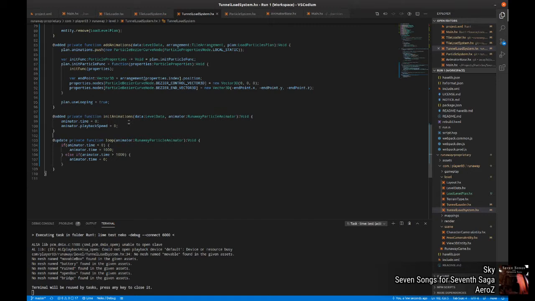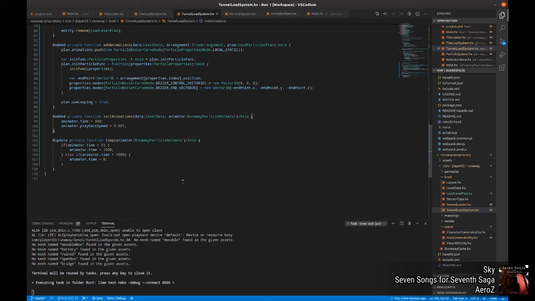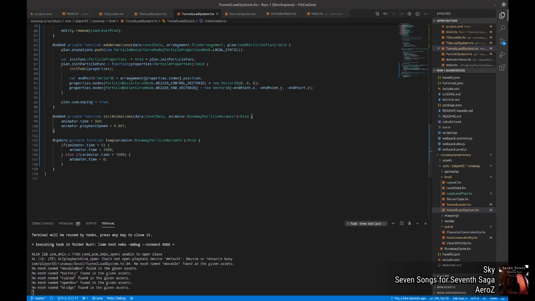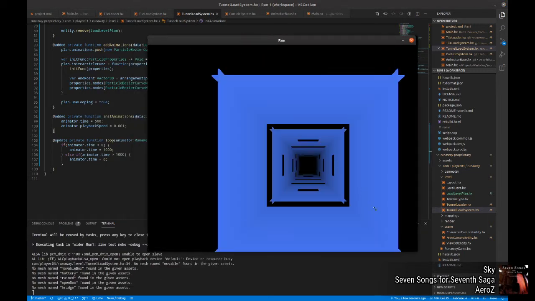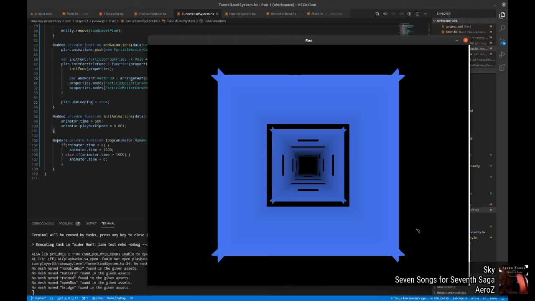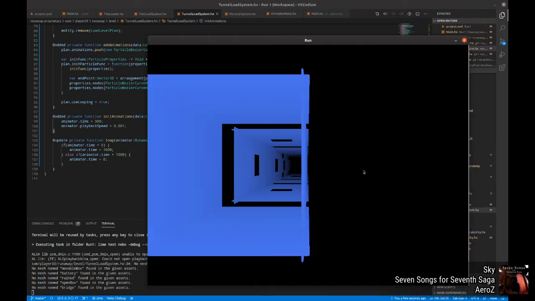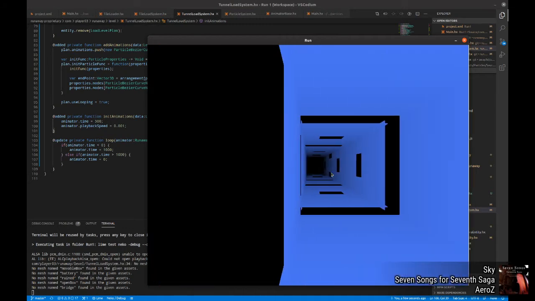So I told it to stop, and now we're going to play it very slowly. Excellent. Playing it very slowly means that the tiles are slightly out of place.